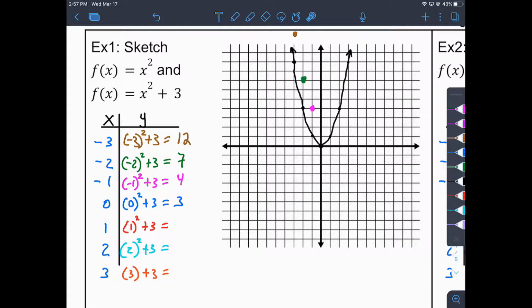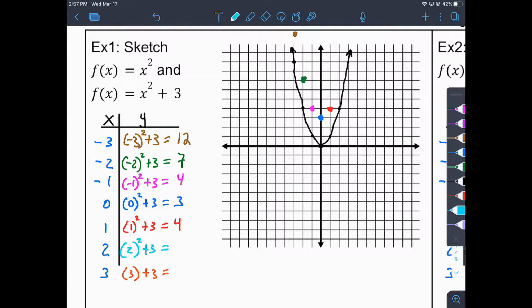We don't go left or right, but we go up to 1, 2, 3. We go up to position 3. Next one, looks like it's a reddish color. We're going to go 1 squared, which is 1, plus 3 is a total of 4. So we're going to go forward 1 and up to 4. So the red one is right there.